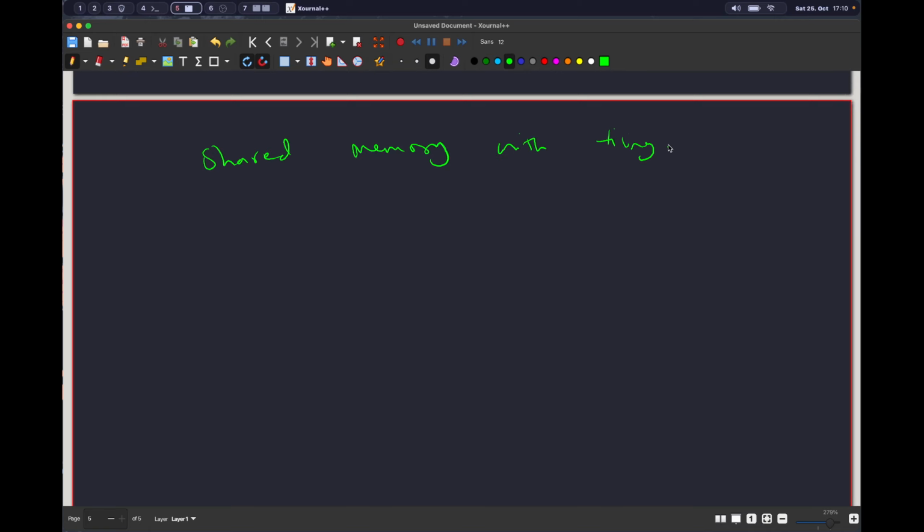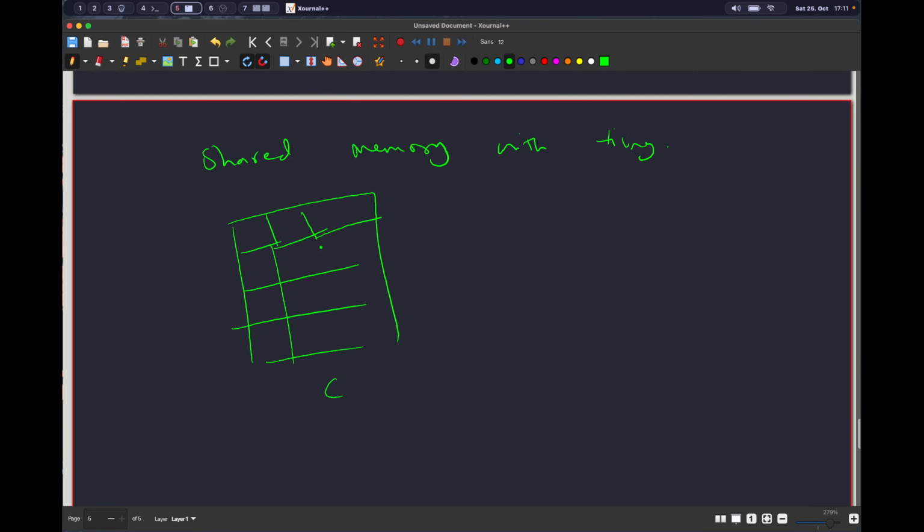So tiling is a very self-explanatory word. So instead of calculating the entire C at once, we will divide C into small tiles, each of size, let's say TS. So TS is our tile size. It can be 16 or 32 or 24 or 64, maybe anything.